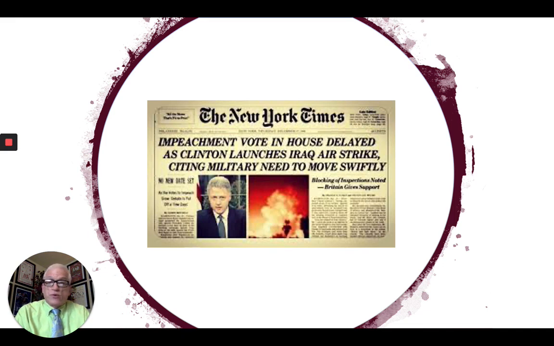So they found out that he had lied and decided that they would start impeachment proceedings, not because he'd had sex with Monica Lewinsky, but because he'd lied about it under oath. And so what had happened was he was being tried in the House, and they were having testimony.